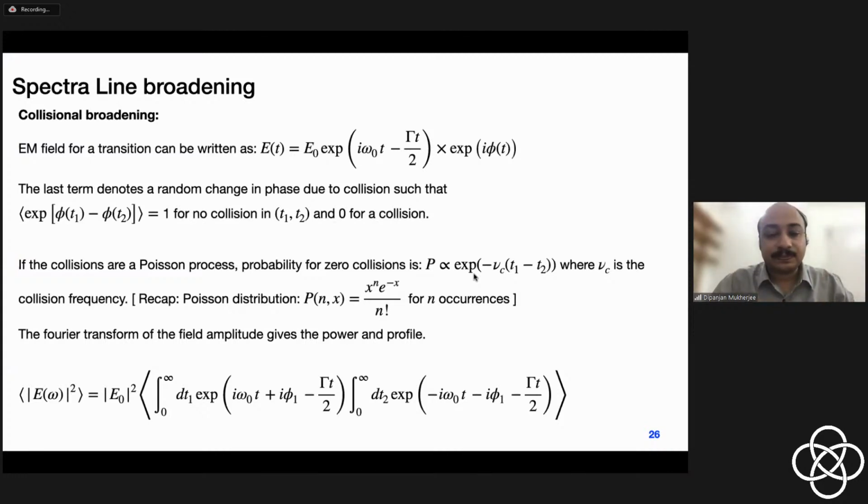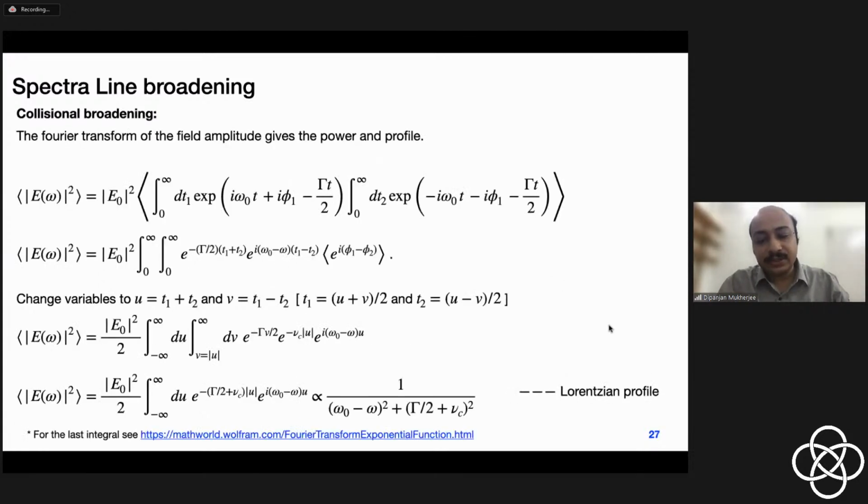So if you have a high density, so you have a lot of atoms packed into a small volume, the collision frequency increases depending on the velocity of the particles. So this is how the collisional broadening occurs. If you have high density and particles are moving with some mean velocity, of course, the time between two collisions would also be smaller. And this is related to the velocity of the particle and the mean free path of the particles.